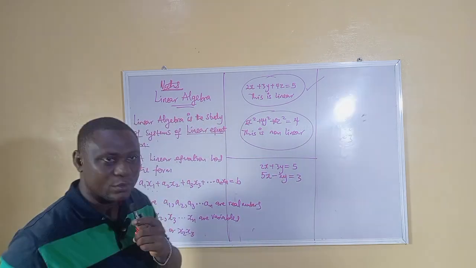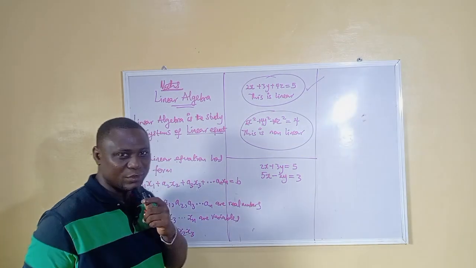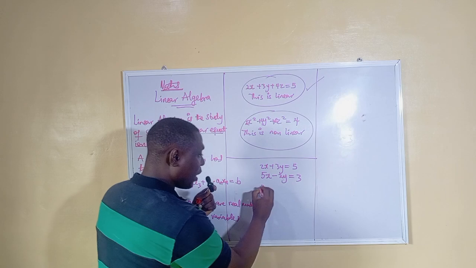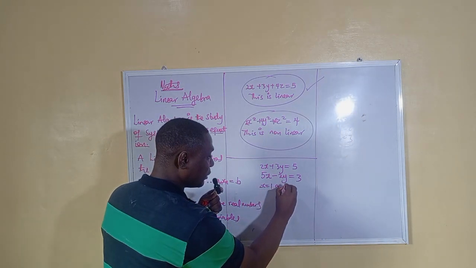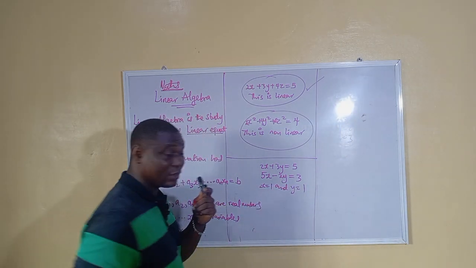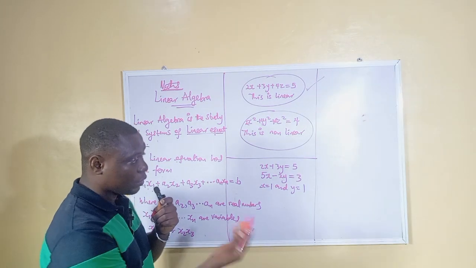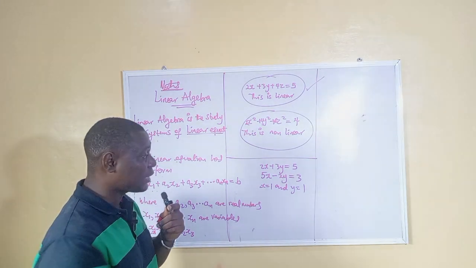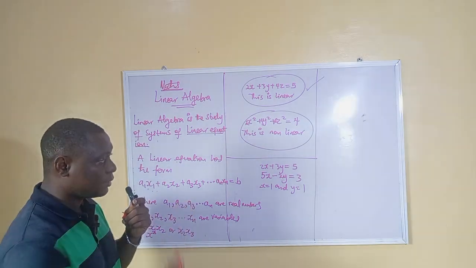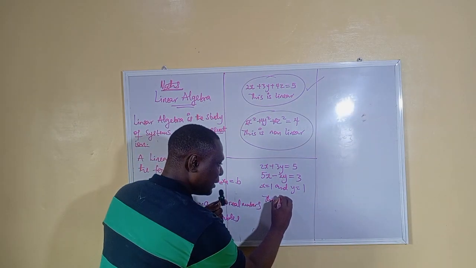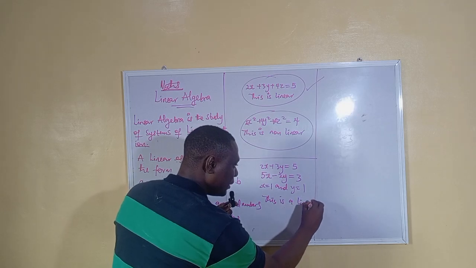When you take a very close look at these equations, you can almost outrightly tell that the solutions are x equals 1 and y equals 1. You can almost tell by trial and error that x equals 1, y equals 1 will satisfy this system. So this is a linear system.